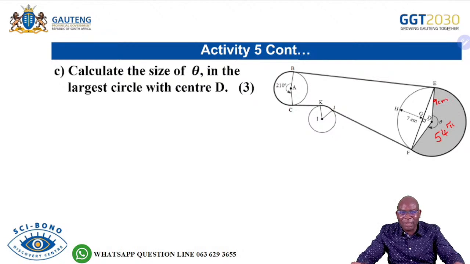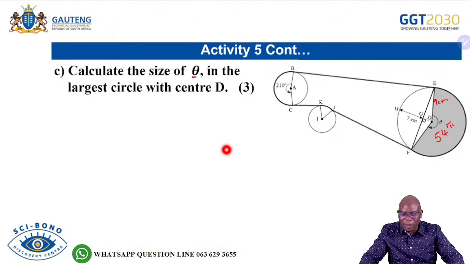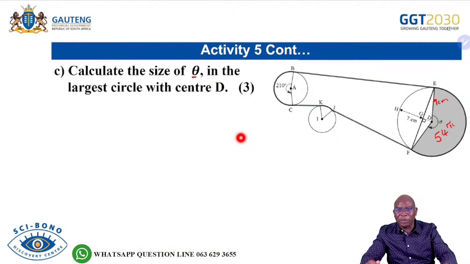I'm given the area. I'm given the radius. Now they need the angle. In the next 2 minutes, I want you to do that question. Let's make it 3 minutes to do that question. Then I've given you an idea on how you're going to do that question. 3 minutes is what you have to do that question.